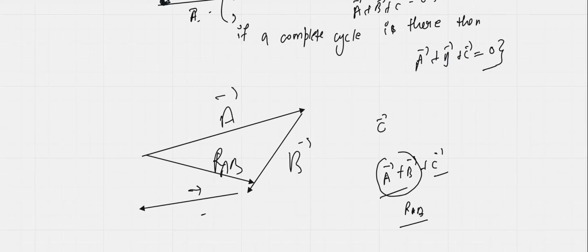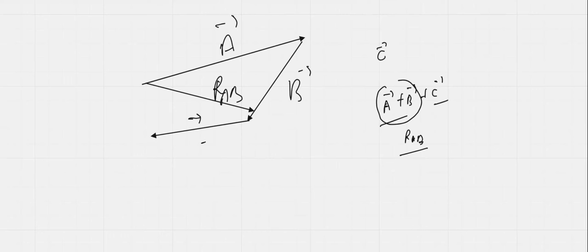Okay, so I think now it makes more sense. You can see this is the resultant of AB, and you have got this as the C vector. Again, it is acting as a new thing. So this will be the resultant of A plus B plus C. Same way you can do it for multiple vectors.